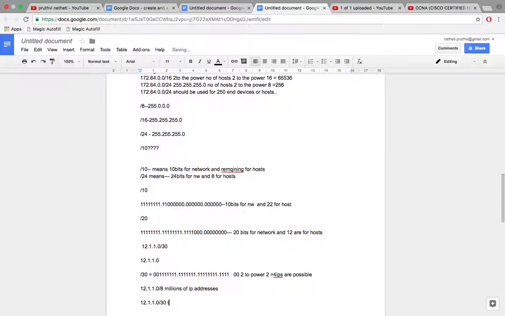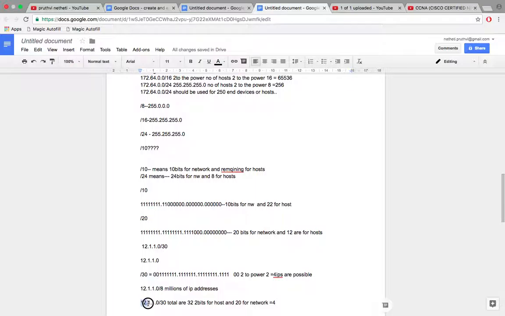Total are 32, right? 2 bits for hosts and 30 for network. So the number of possible IP addresses is 2 to the power 2, which is equal to 4. See how useful this classless IP addressing is.